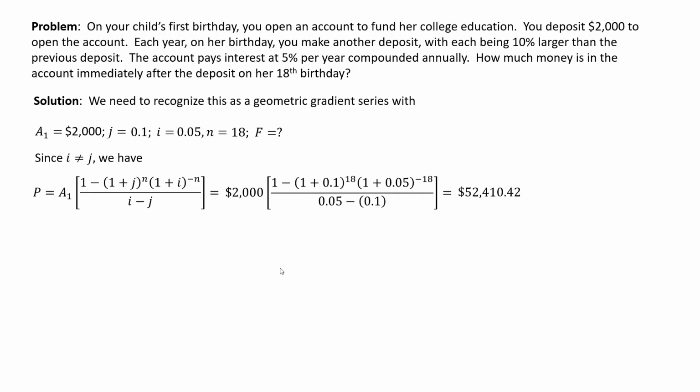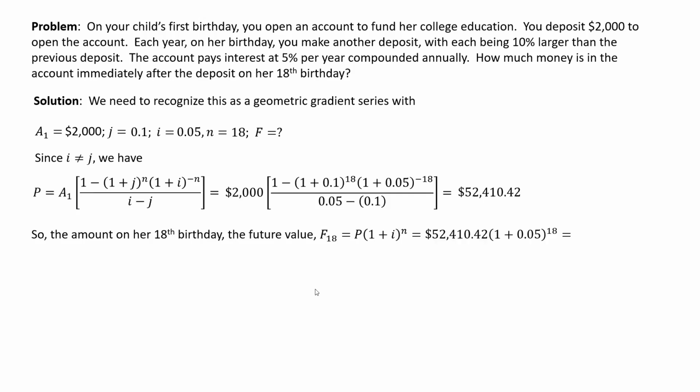Okay, so that is this problem. So this is the present. Now let's bump it into the future by multiplying by (1 plus i) to the n. And n is 18, plug and chug. Whoa, so that's interesting.